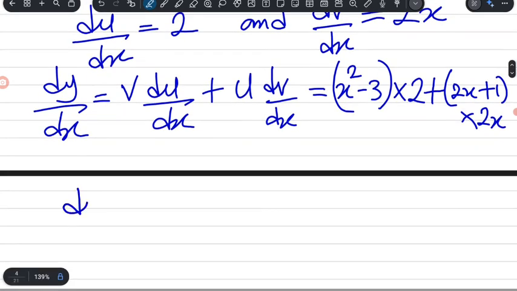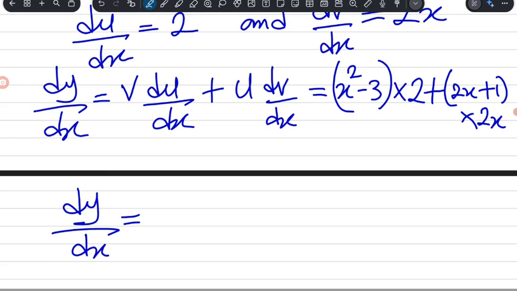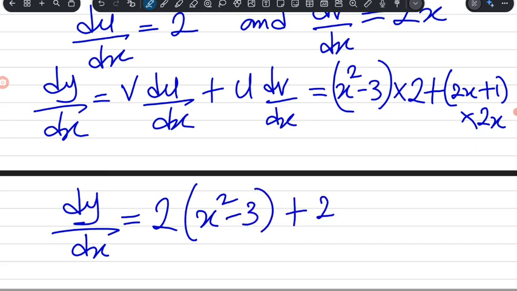So dy/dx, in better simplification, let 2 come out: we have 2 times (x squared minus 3), plus 2x times (2x plus 1).